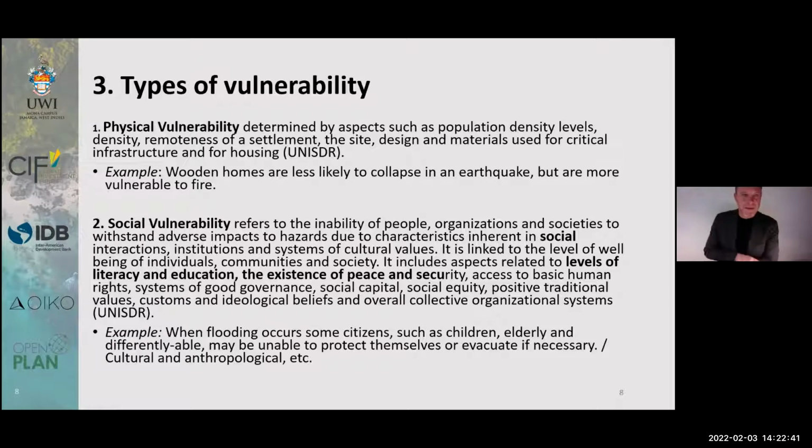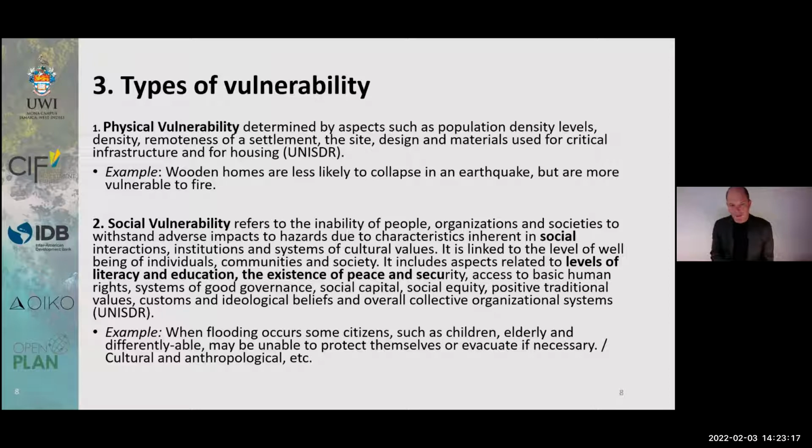Next. So again, I also provide a few examples, which I hope are illustrative, to summarize these abstract concepts. Physical vulnerability: I use the UNISDR definition because it's very standardized. It's determined by factors such as population density, remoteness of settlements, site design, and materials used for infrastructure, construction, and housing, and so on.